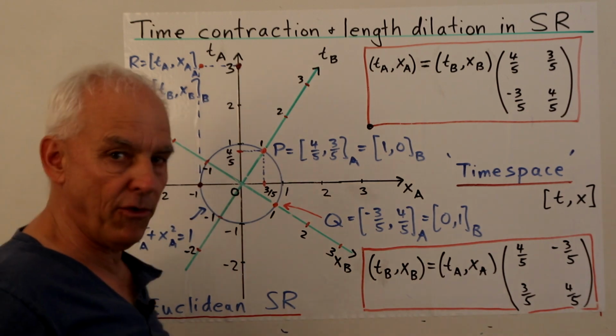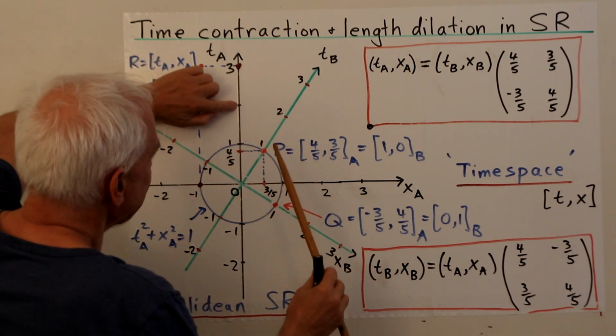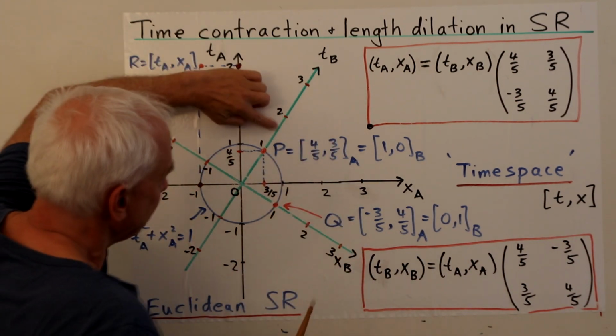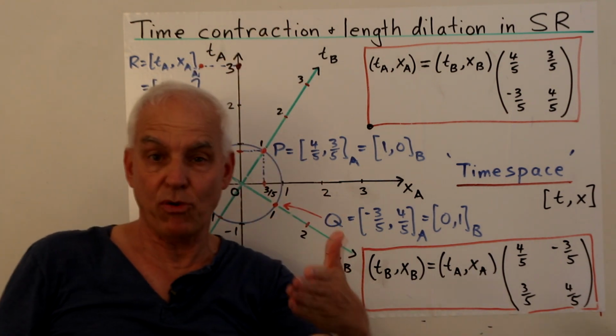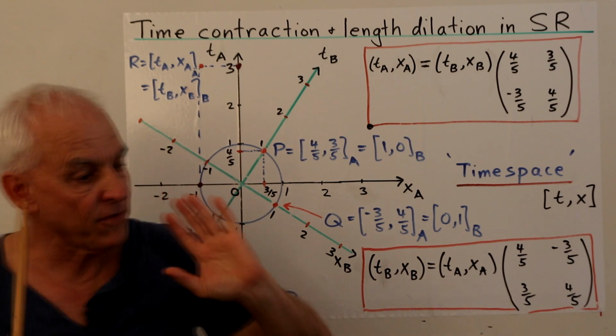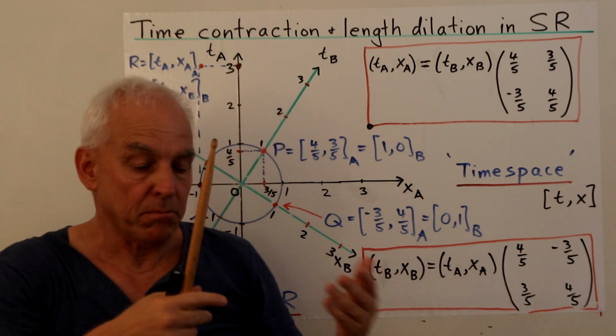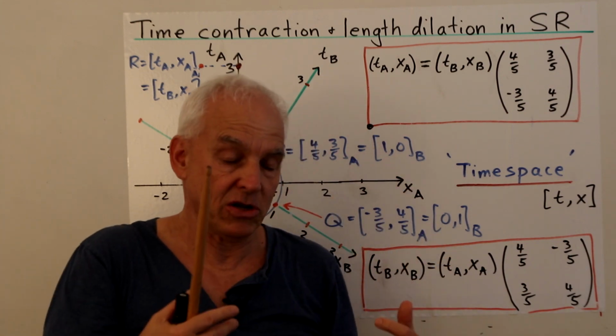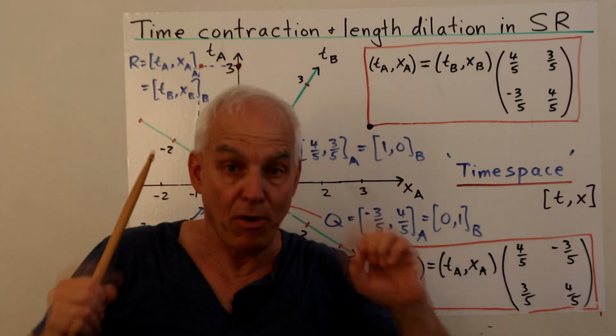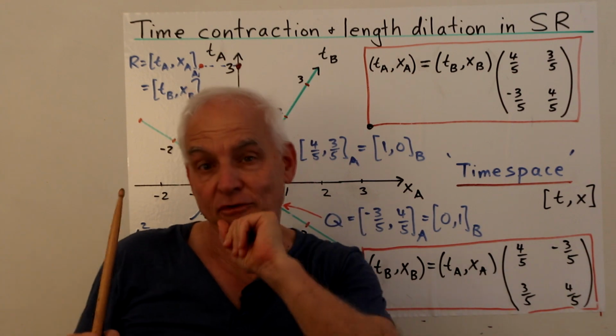Well, it turns out that's also 4/5. And then the second tick up here will correspond to that time in B's thing. We get exactly the same story from B's point of view. So it's not as if A thinks B's clock is ticking faster and B thinks that A's clock is ticking slower. They both think that each other's clocks are ticking faster.